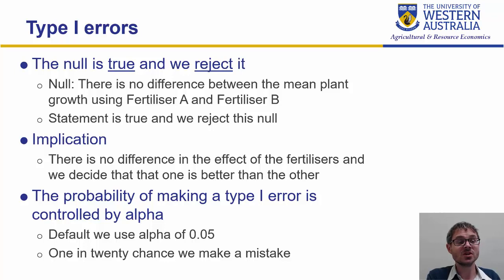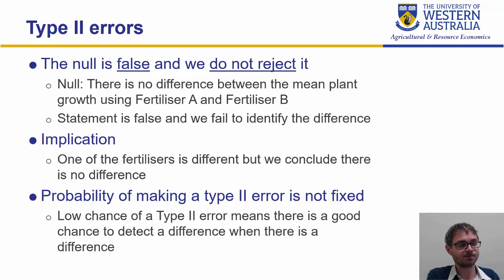So we control the chance of making that mistake by setting alpha at 0.05. So that's the setup that we have. So we have a 1 in 20 chance that we make a mistake. A 1 in 20, so if we do science a lot, we're going to make some type 1 errors. Okay, so we need to accept that, and that's why we have replication studies and all other ways of checking that we're on the right path.